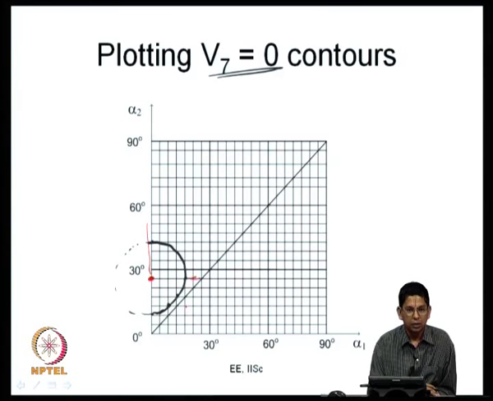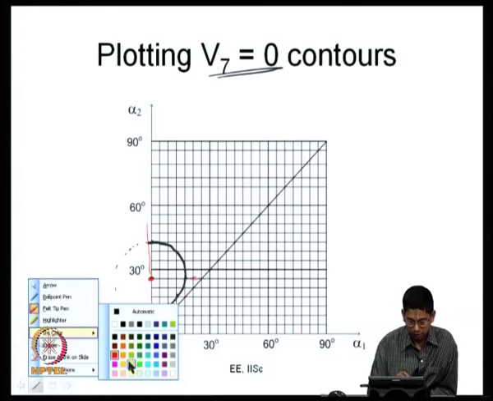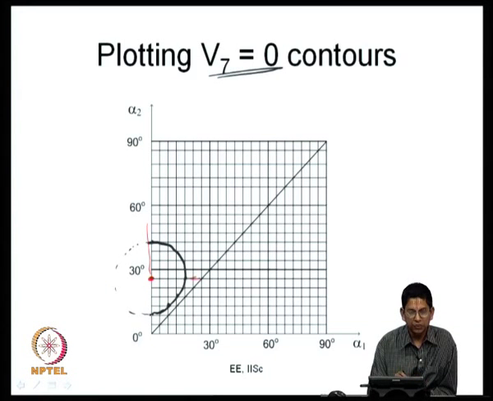Again, as we have understood earlier, if this is a point, let me go back to the same color that I chose earlier. If I shift alpha 1 now by 360 by 7, which is something like 51.4 degrees, then 7 alpha 1 increases by 360 degrees and cos 7 alpha 1 is unchanged.